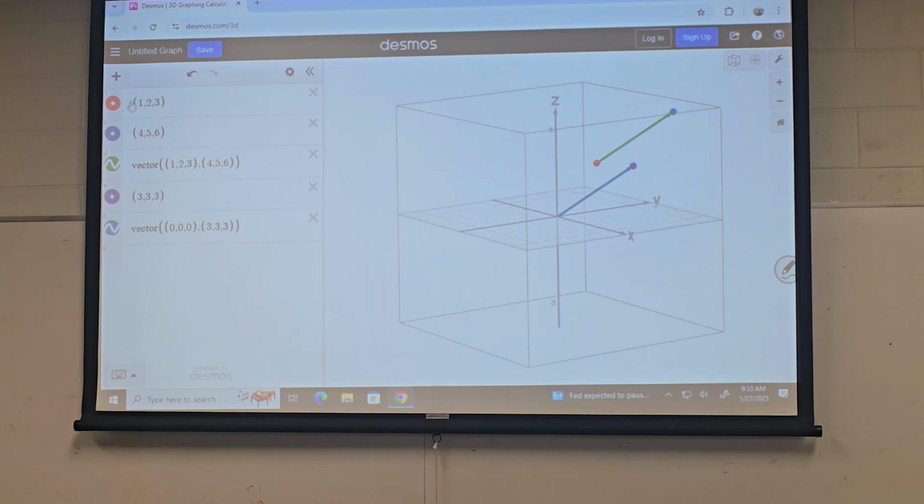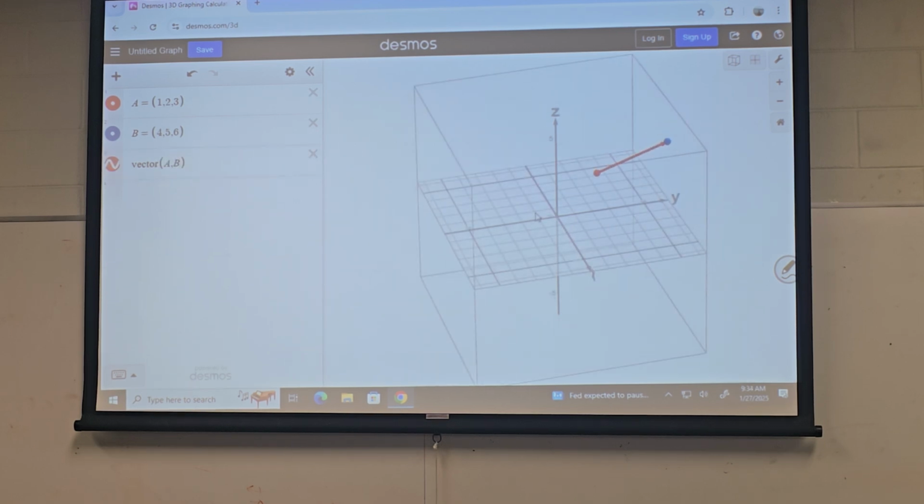But a lot of this seems kind of annoying to type all that in. So my recommendation to you is you can call this point A, say A equals. You can call this B, B equals. Now you can just draw the vector starting at whatever we're calling A and ending at whatever we're calling B. Very similarly, I would just call the point O 0, 0, 0, like the origin.